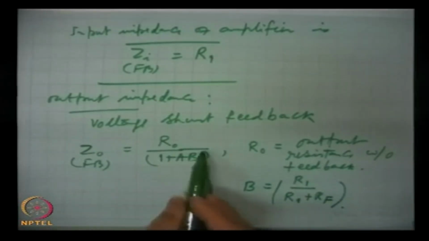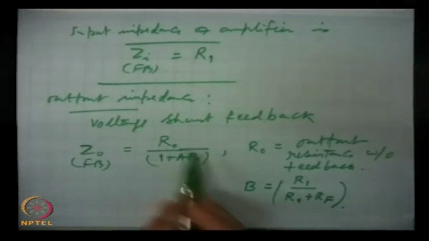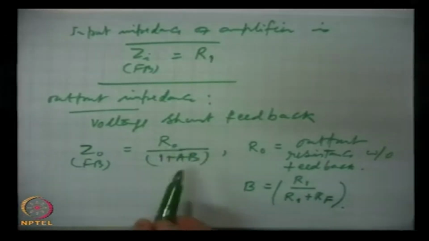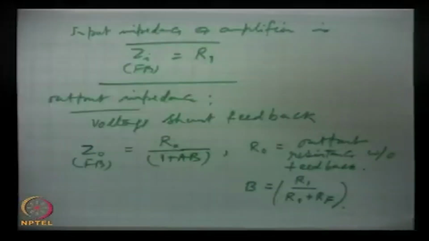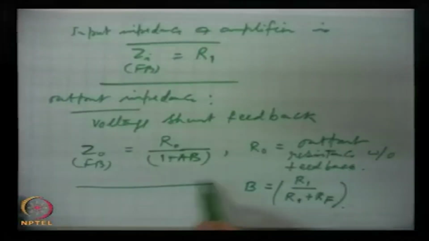So, this way this is drastically reduced, which again goes in favor of a voltage amplifier. Inverting amplifier is a voltage amplifier which has a high input impedance. We can choose the value of R1, and gain is high, we can choose the ratio RF by R1, and the output impedance is low as given by this equation.